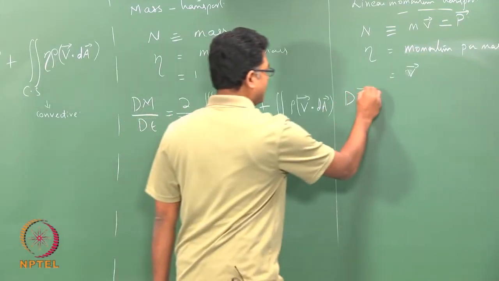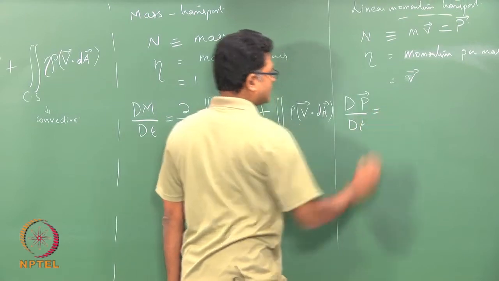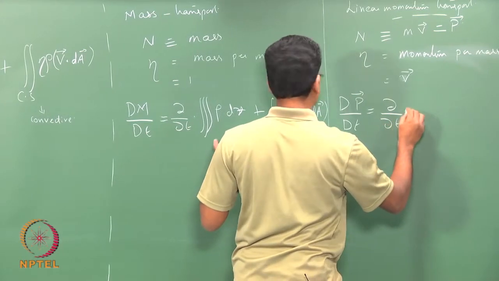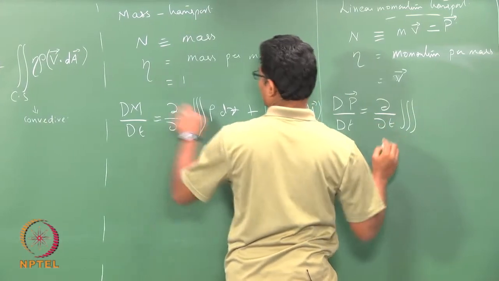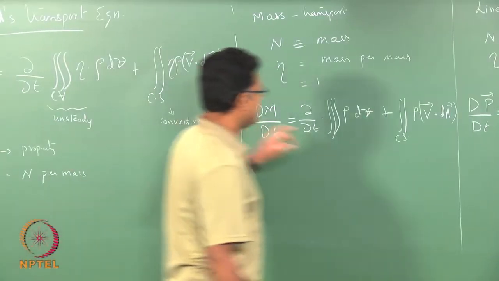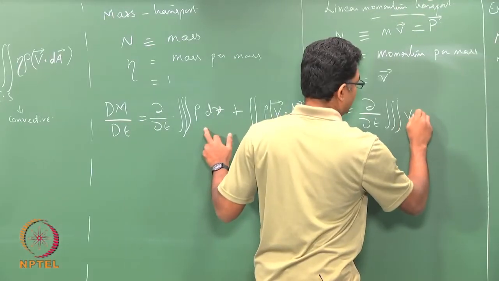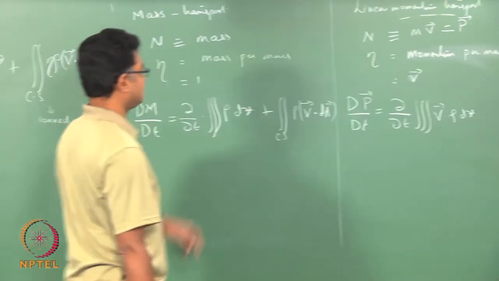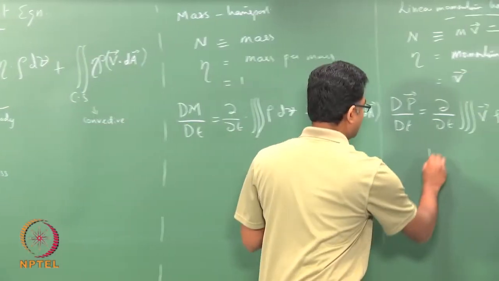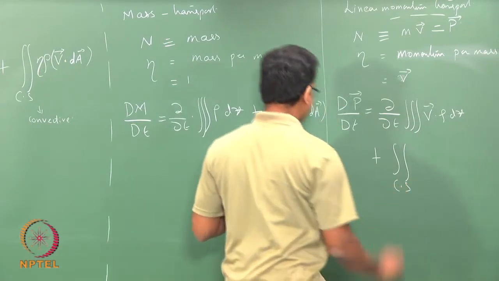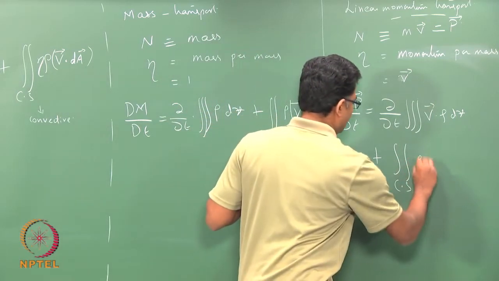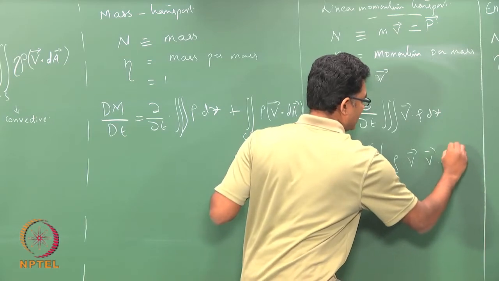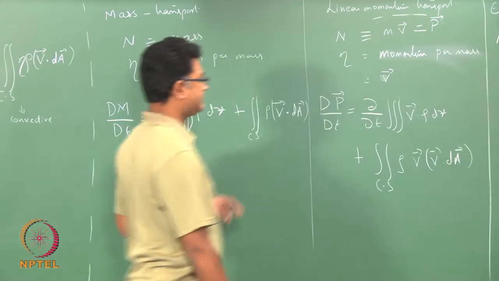So, the momentum vector is transported in the following form: dou by dou t triple integral, instead of eta, now we substitute V. So, it is V vector rho dV plus surface integral rho V vector dot dA.